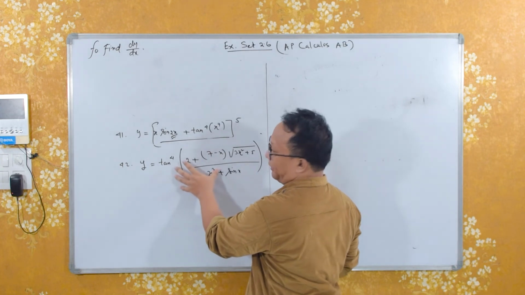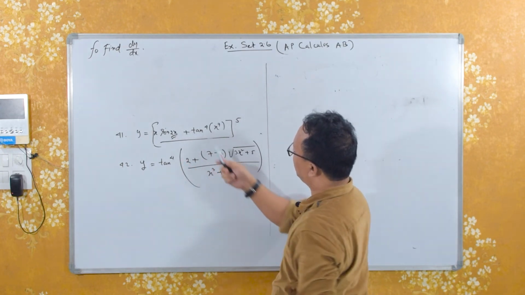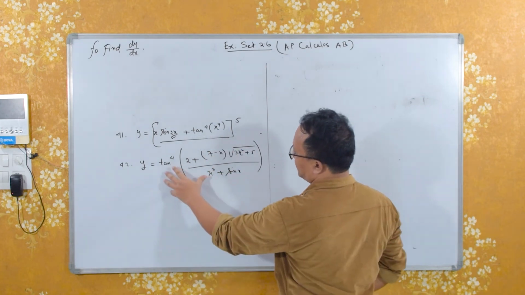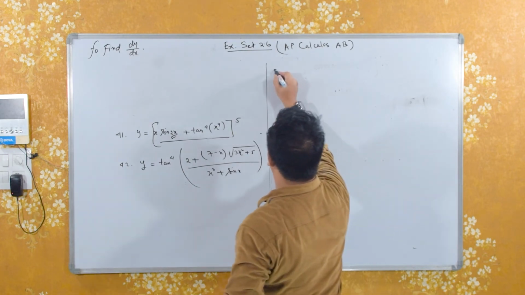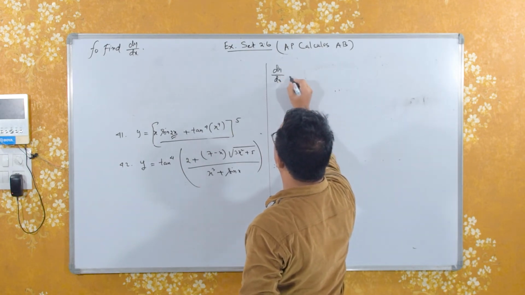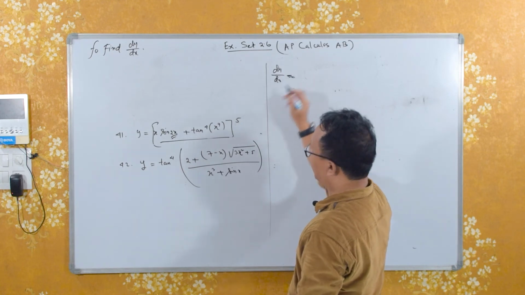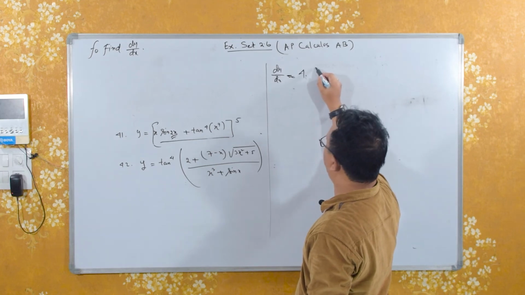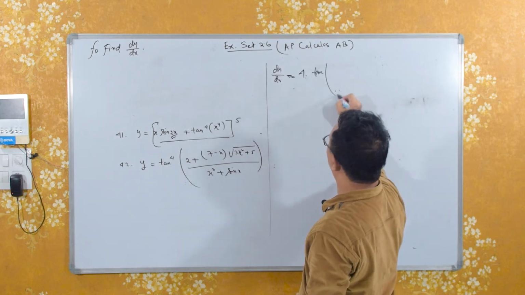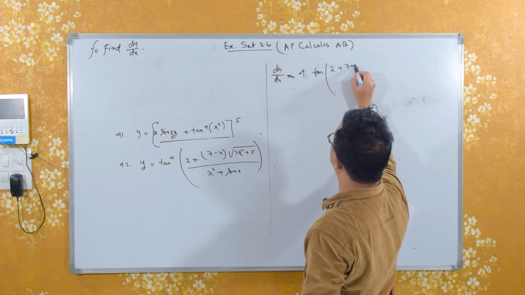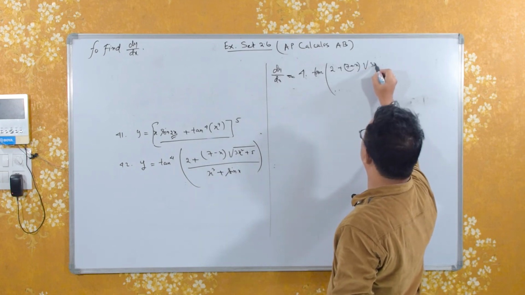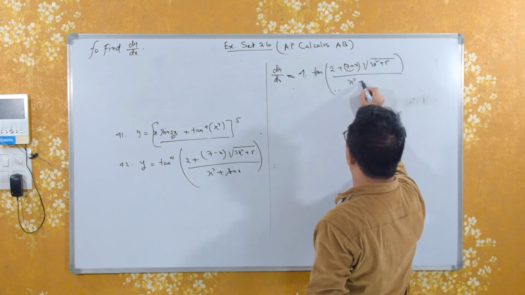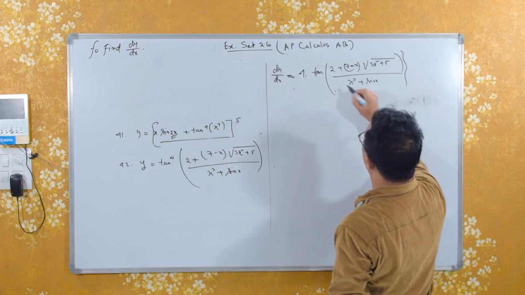Something like x raised to n, same as 10 raised to 4 x raised to 7. Just differentiate this with respect to x, then dy by dx will be 4. x raised to n gives n x raised to n minus 1, so 4 times 10 of the whole, which is (2 + (7 minus x) square root of (3x square plus 5)) upon (x cube plus sin x).